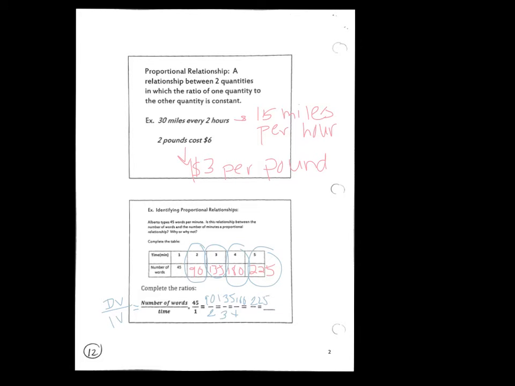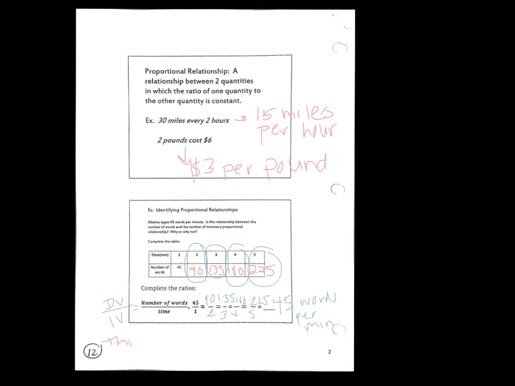If we look at each of those unit rates separately, where we take the dV and divide it by the IV, we're going to get the same unit rate each time. We're going to get 45 words per minute each time. So that tells us that this relationship's proportional because it's a constant rate.